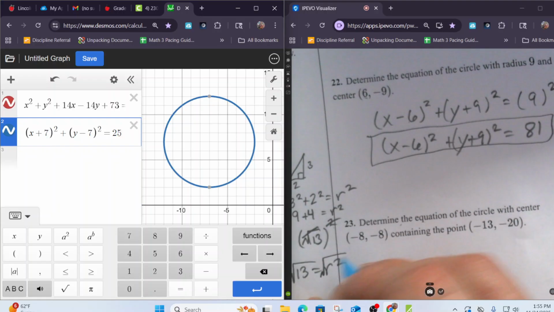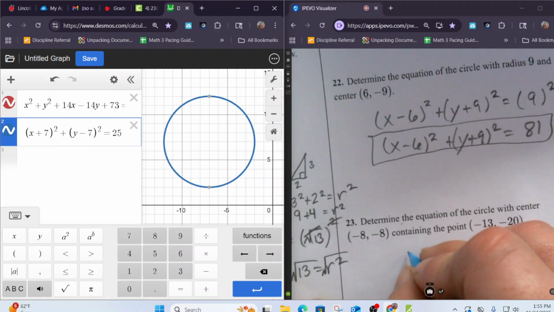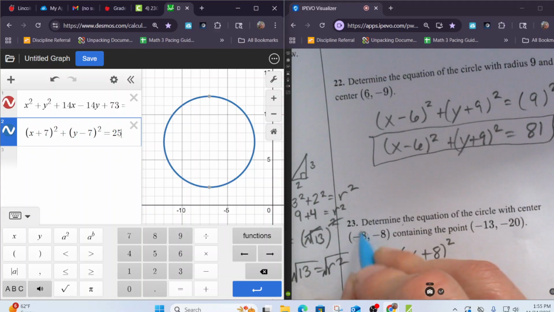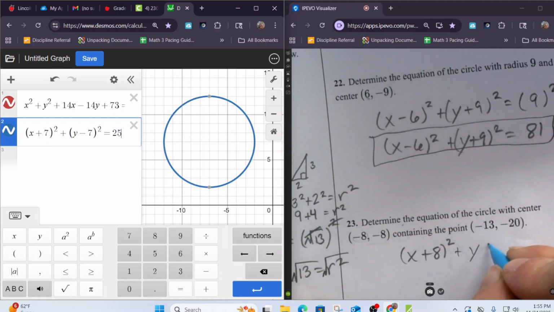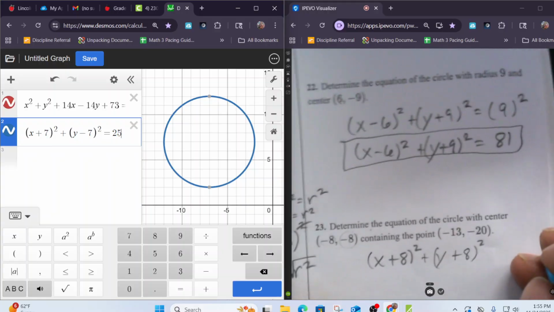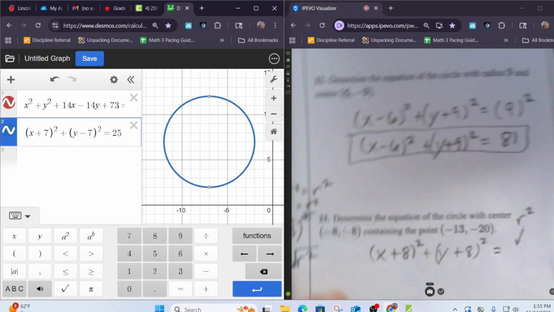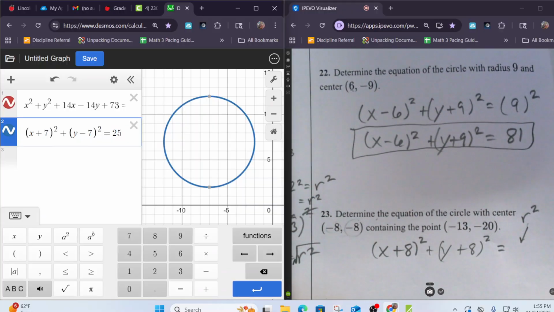Okay, so all we need for this circle is, your center will be (x + 8)², because that's the opposite, plus (y + 8)², which is the opposite of that coordinate. And all you need now is the radius squared.